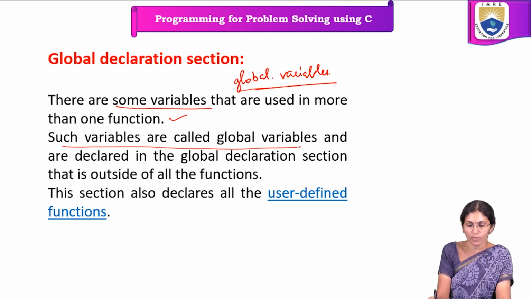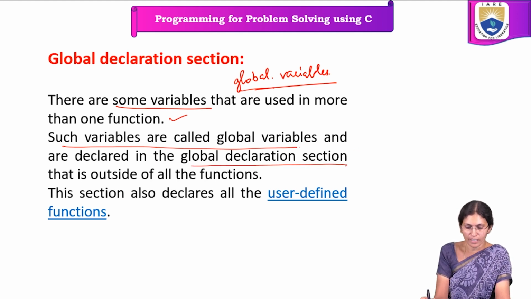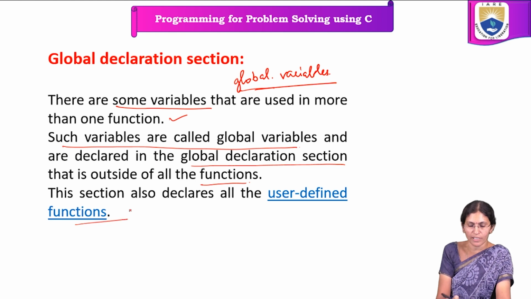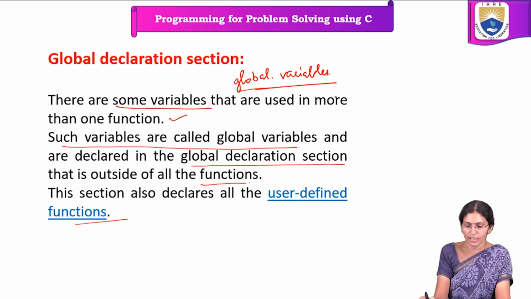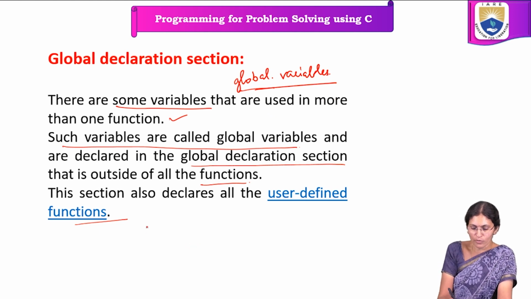So these variables are called global variables and they are declared in the global declaration section, that is outside of all the functions. So this section also declares all the user defined functions. So in the global declaration section, apart from declaring global variables, we also declare user defined functions.